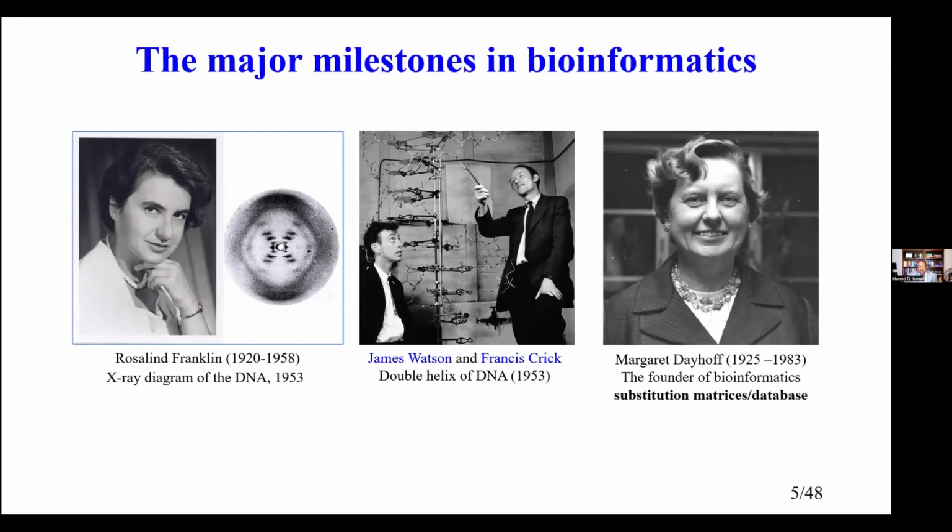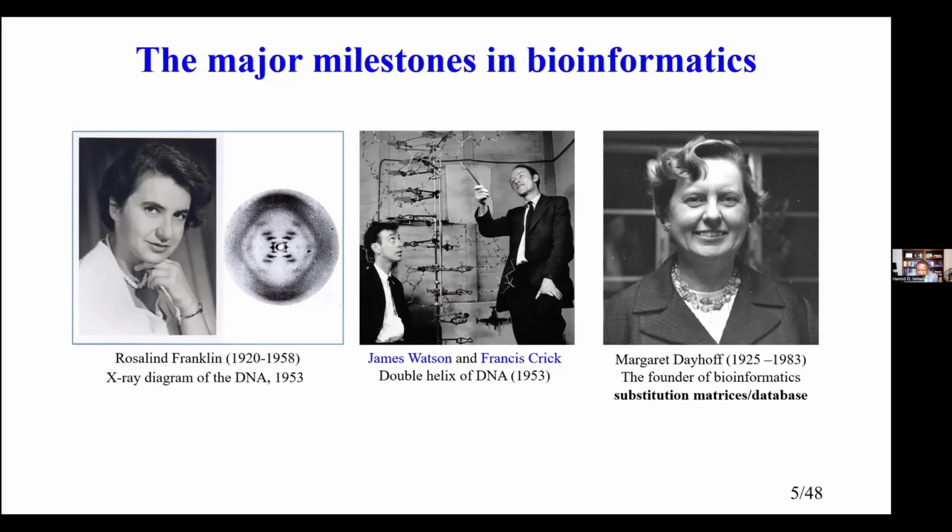And when we mention the discovery of the molecule of DNA, immediately we think about James Watson and Francis Crick, because those two scientists discovered the structure of the DNA molecule.